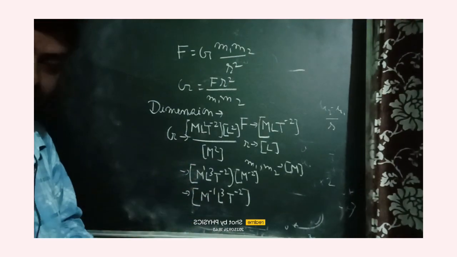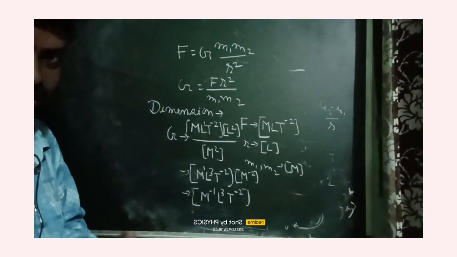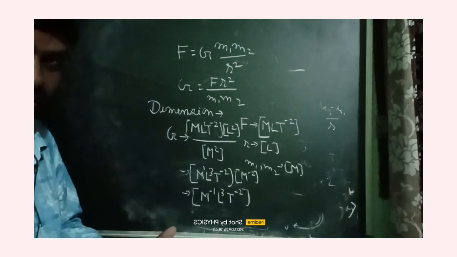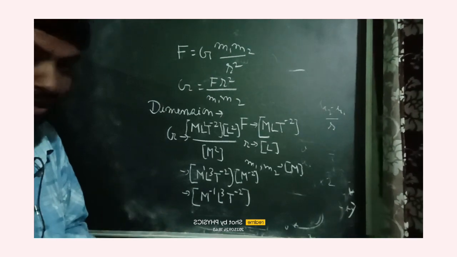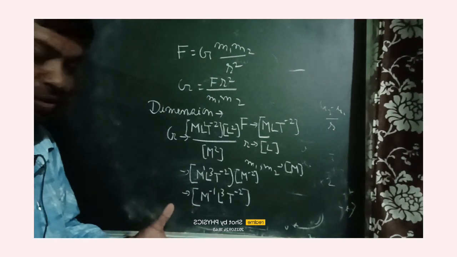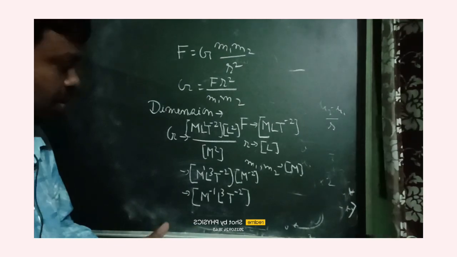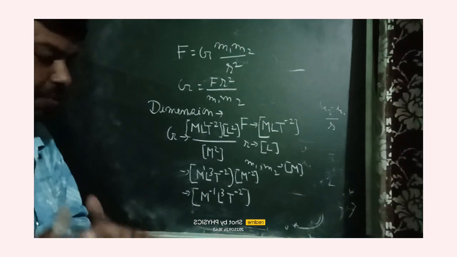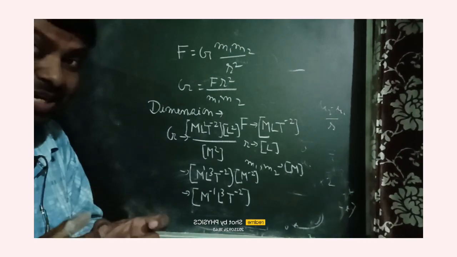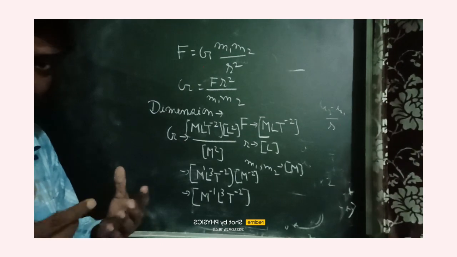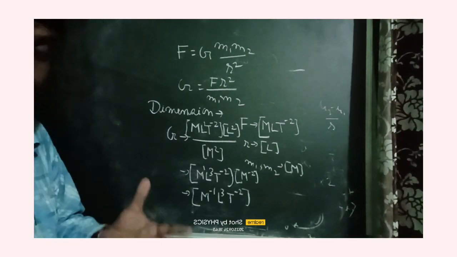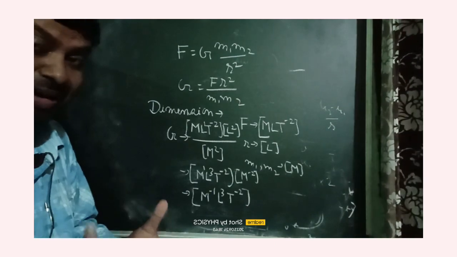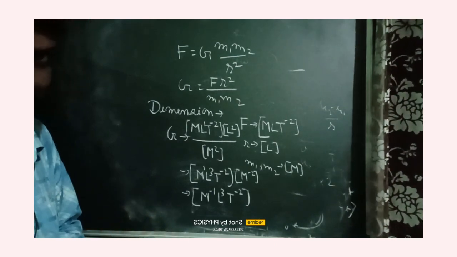So the value of G remains constant irrespective of its position. It may be on earth, on the sun, or on the moon. Also, it does not depend on the state of matter, whether it is liquid, gas, or solid. So it is called the universal constant.